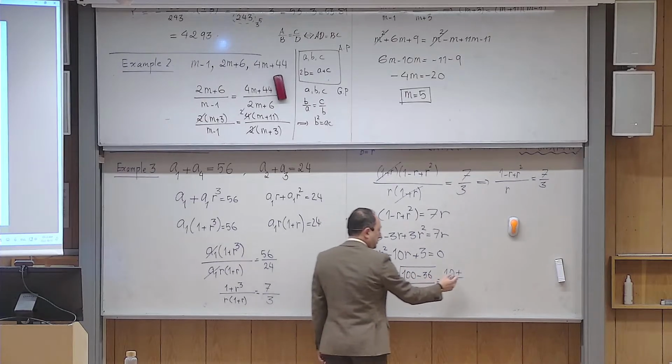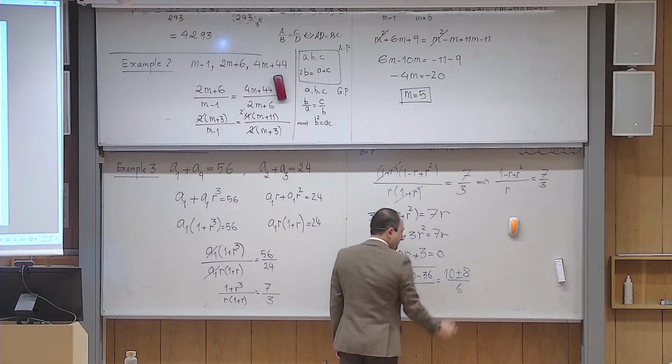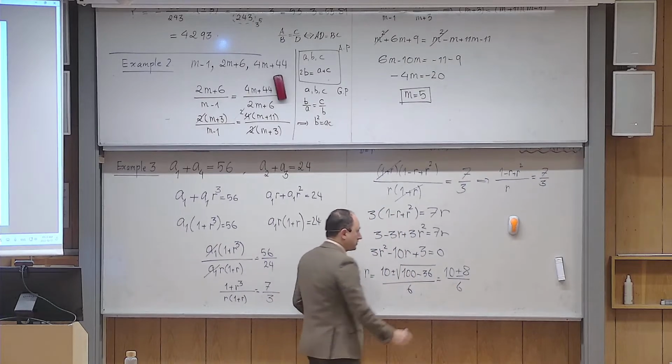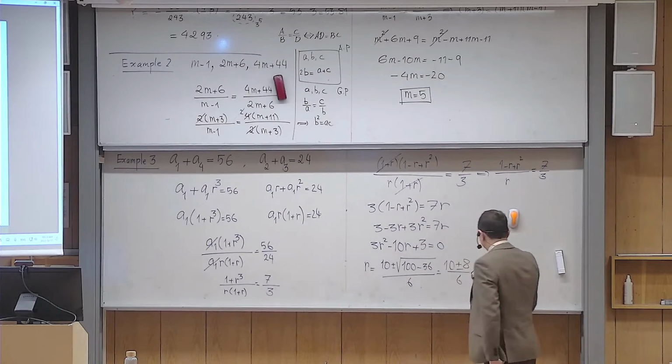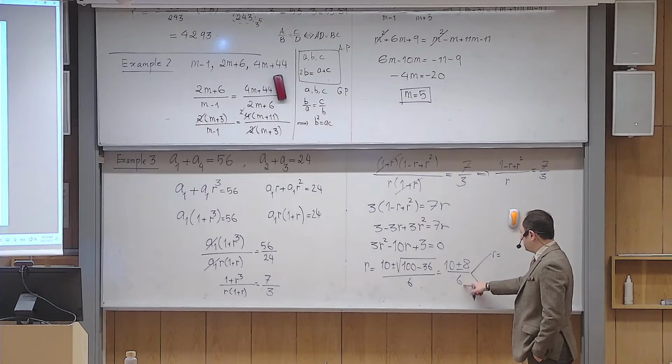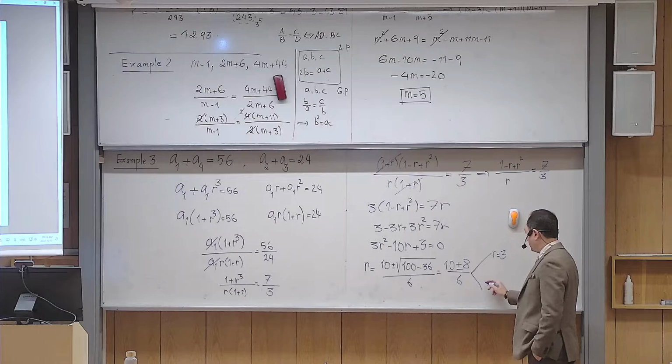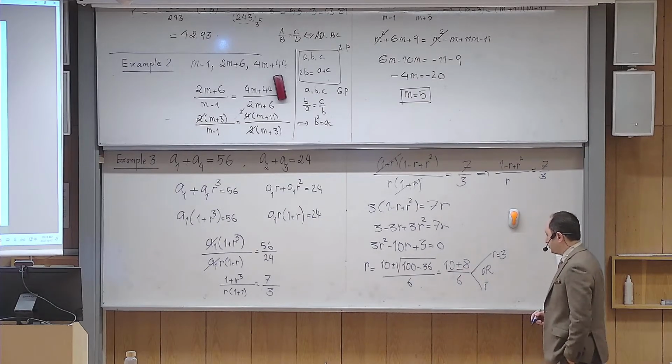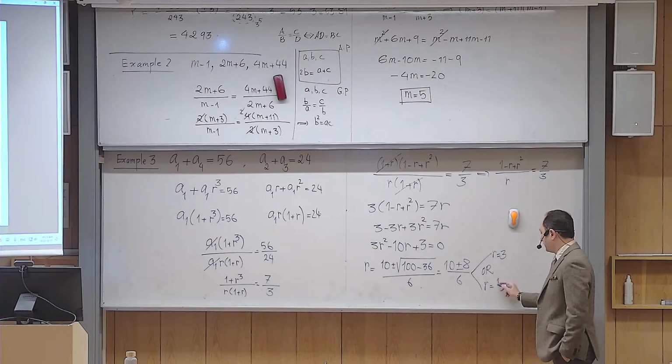Square root of 64 is just 8. Yes? And then I get 2 answers. So r is 10 plus 8, 18 divided by 6 is 3. Another one, 10 minus 8 is 2. 2 divided by 6 is 1/3.